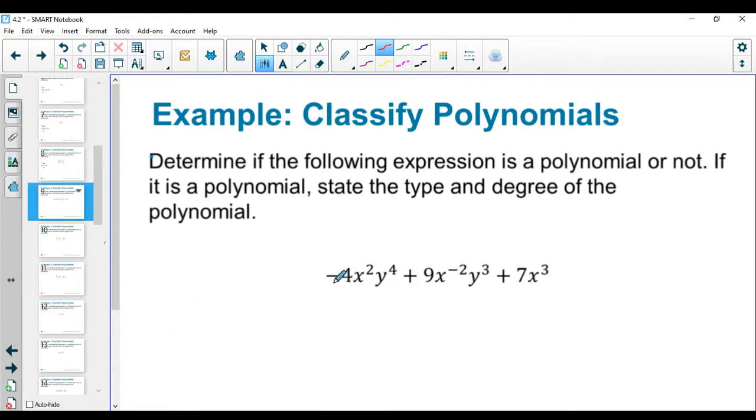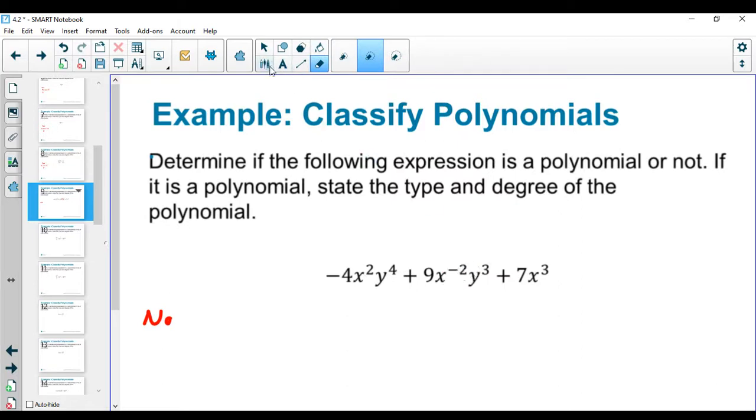For this one, this is not going to be a polynomial because we have this x to the -2 right here. So negative exponents on the variables, can't do them because that would put an x squared in the bottom. So this is just not a polynomial because of this -2.